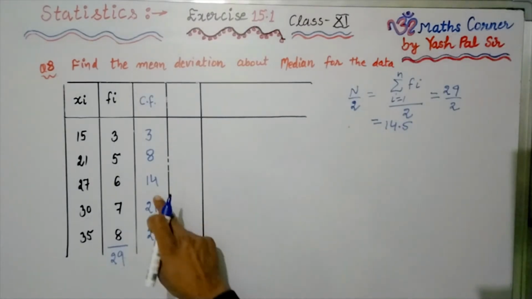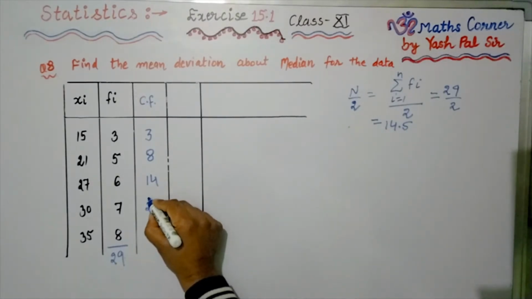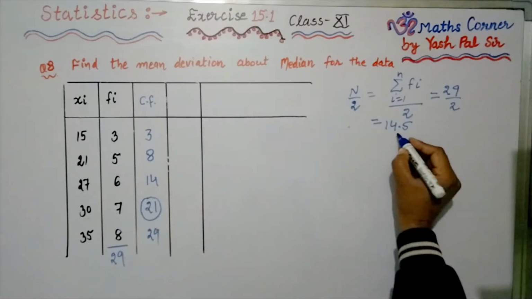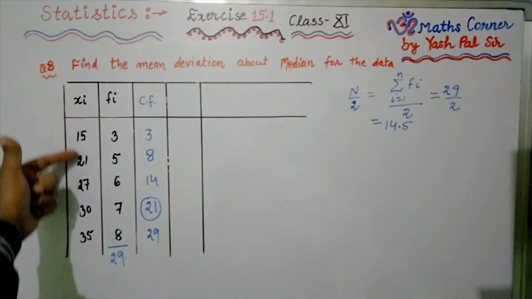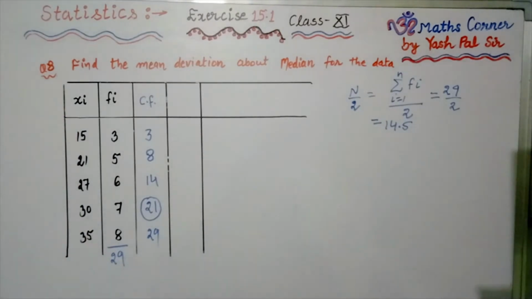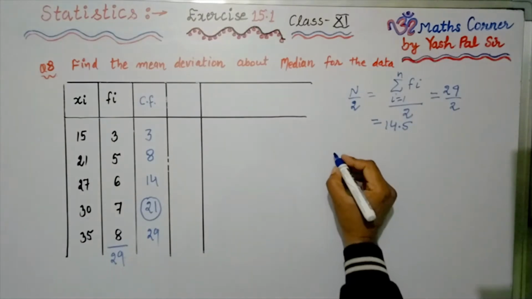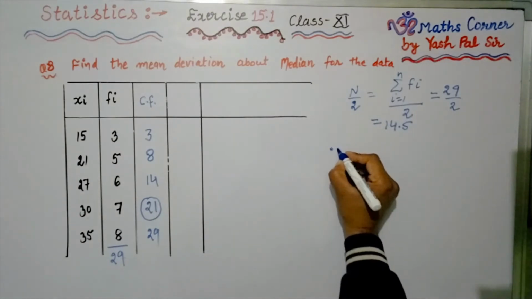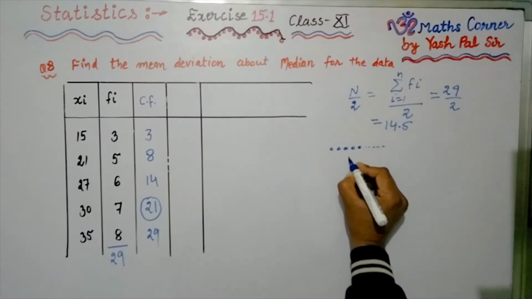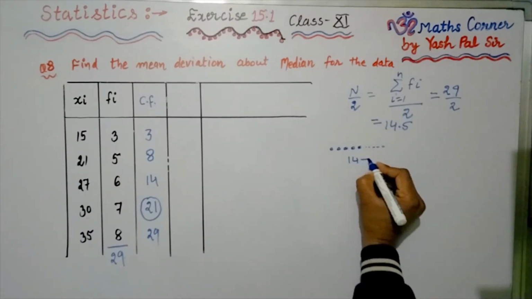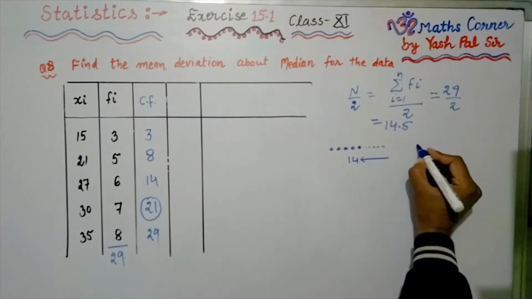So where is 14.5? This comes under 21. If these observations were ungrouped data, then we write 1, 2, 3, 4, 5 and so on. 14 observations on the left side.